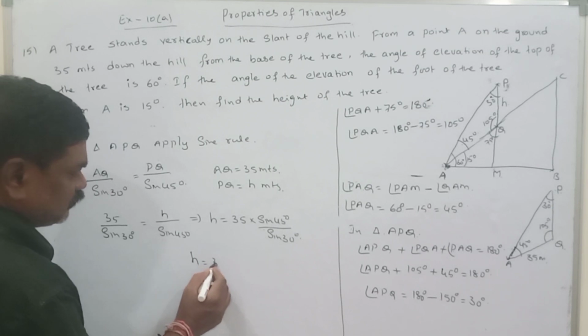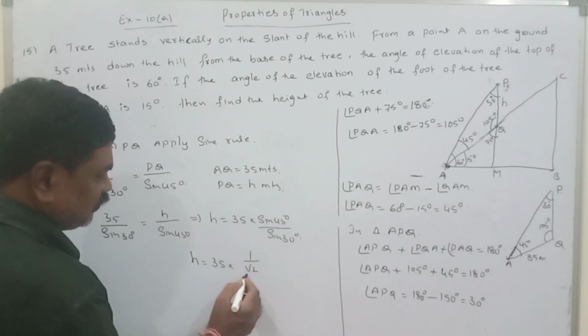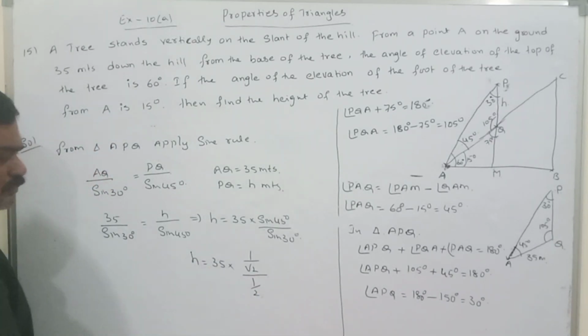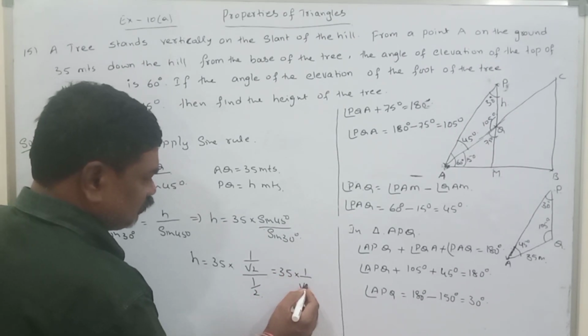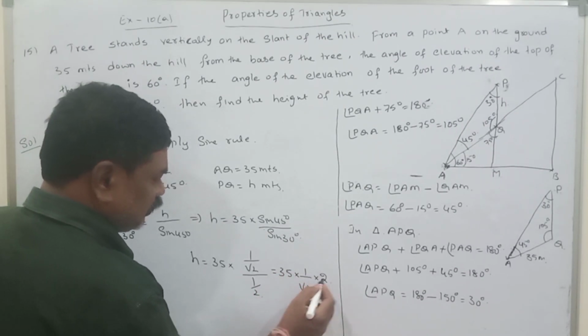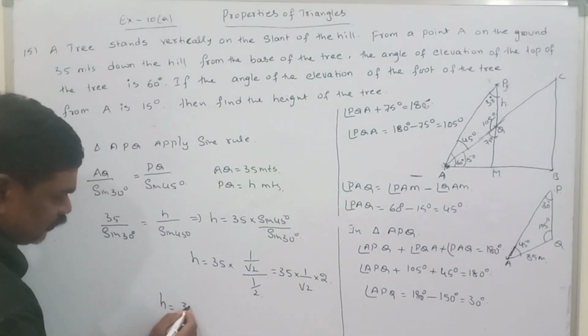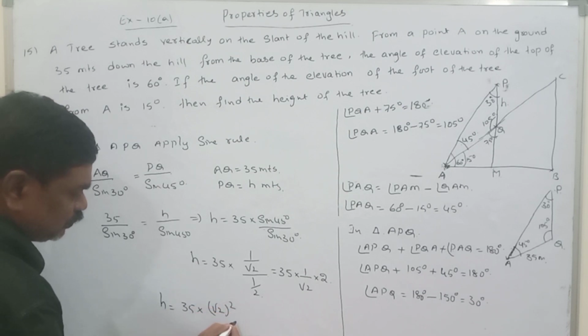H is equal to 35 into 1 by root 2 by 1 by 2. This is 35 into 1 by root 2 into 2. So h is equal to 35 into root 2 whole square by root 2.